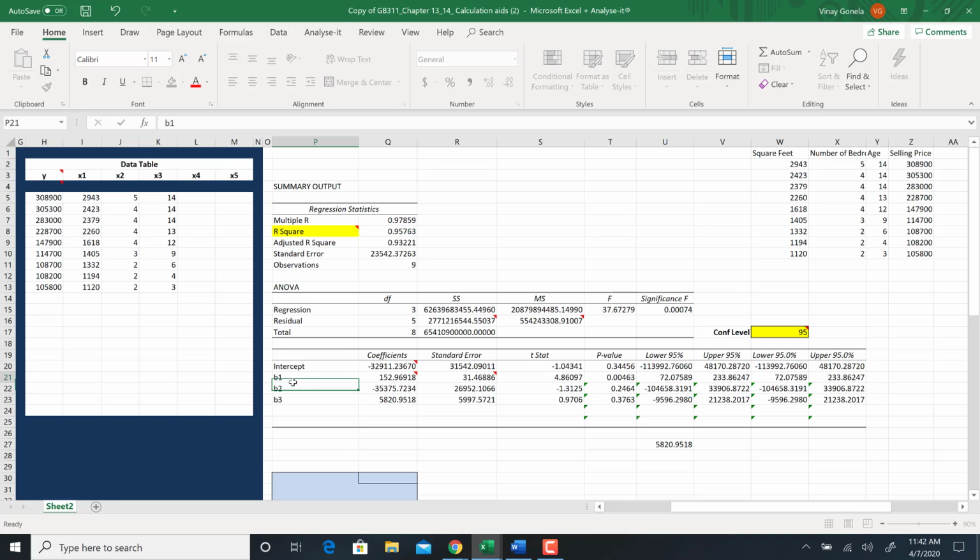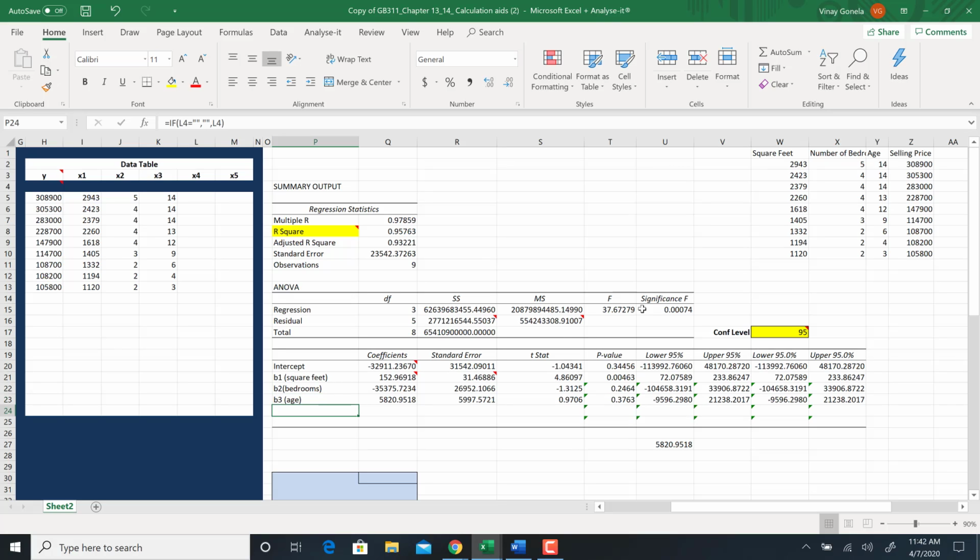So these are the slopes. b1 is the slope for square feet, b2 is the slope for the number of bedrooms, and b3 is the slope for the age.